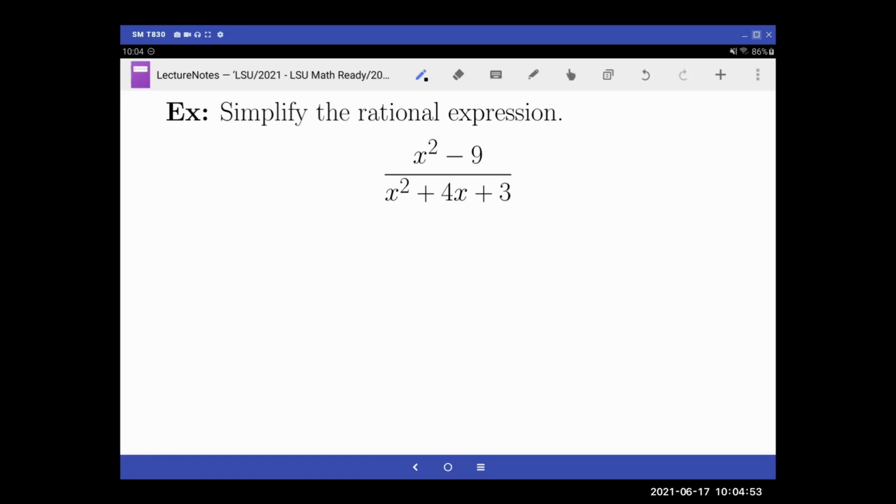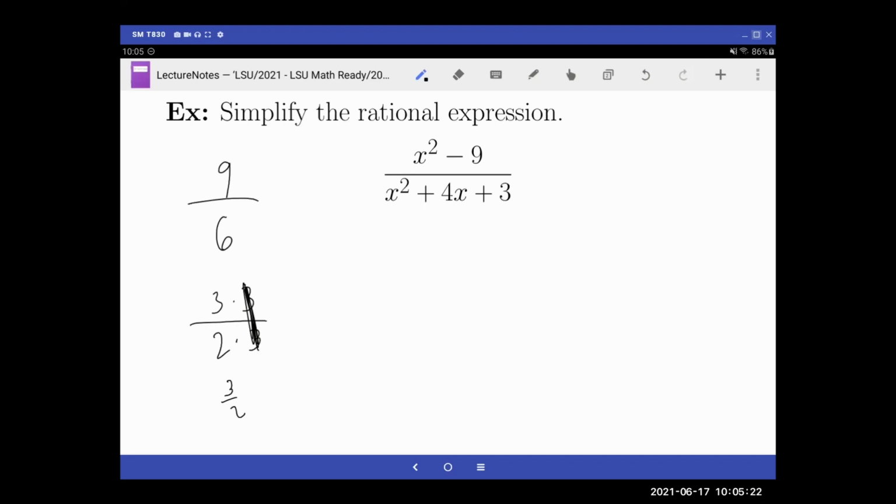It's kind of like simplifying a number, right? 9 over 6. 9 is 3 times 3 if I think about the factors. 6 is 2 times 3. 3 divided by 3 is 1, so it's just 3 over 2 times 1, or just 3 over 2. So that's simplifying a fraction. We're going to use that exact same concept to simplify this rational expression here.